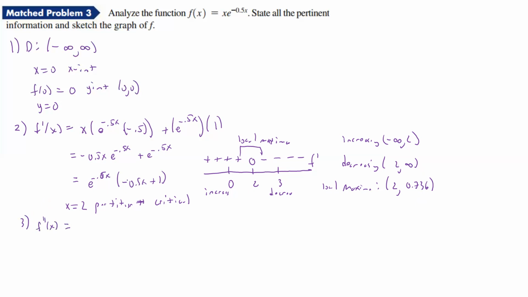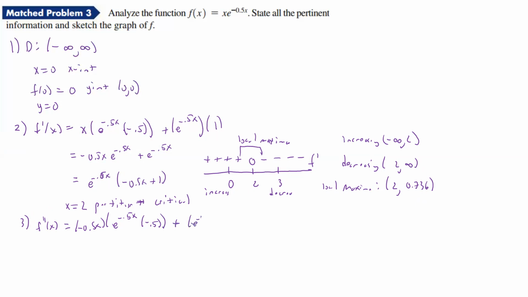All right, so let's go back to, let's use this piece here, I think is what we're going to do. So we'll have a product rule here, and then we'll just have this piece here. The product rule is going to give us a negative 0.5x, and then we'll have e to the negative 0.5x, and then times the negative 0.5, and then plus, and then what do we have?